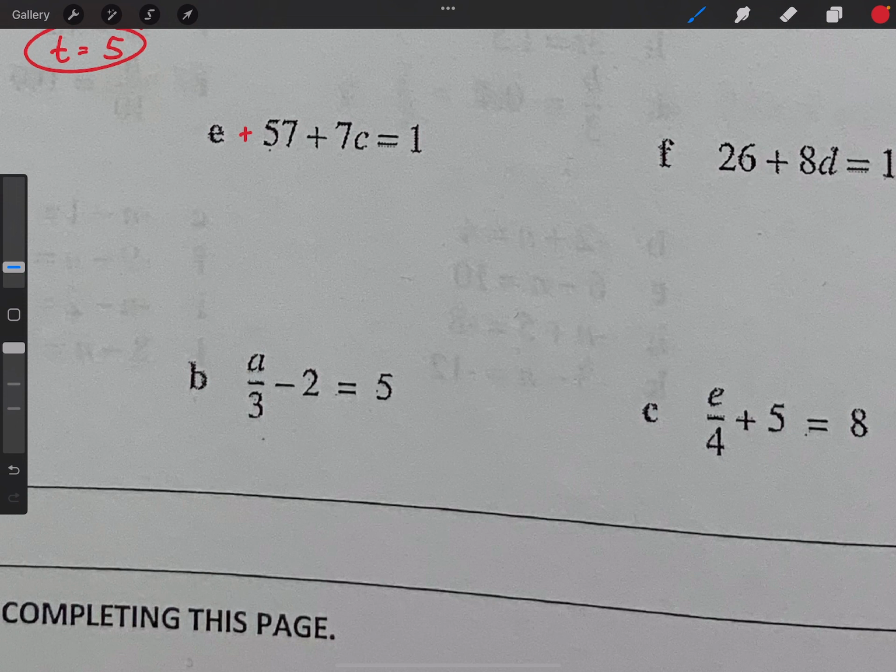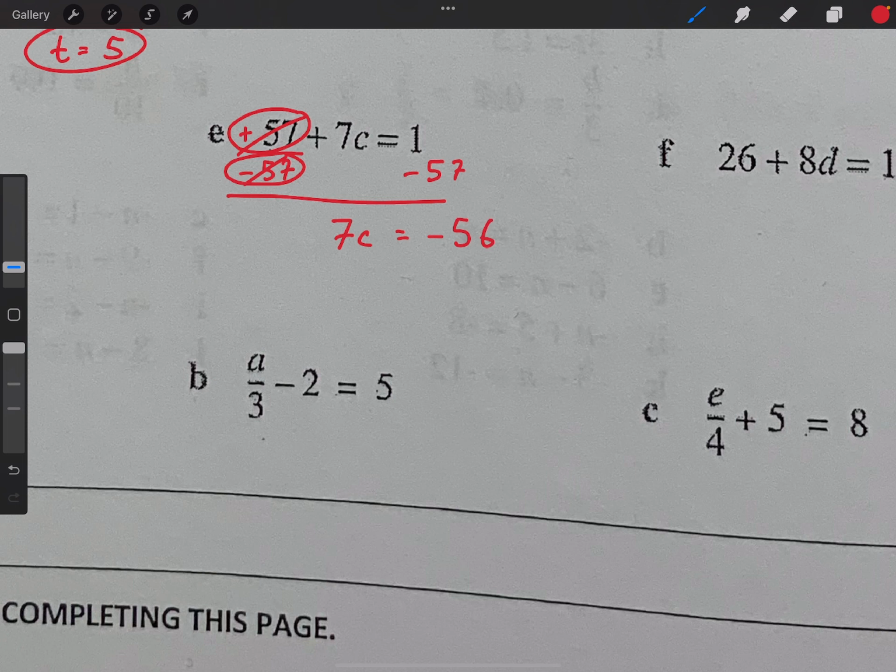So I can just minus the 57, and you're going to have minus 57 on this side as well. A positive 57 and a minus 57 cancel each other out, giving 0. So all you're left with is 7c equals, what's 1 minus 57? The answer should be minus 56.